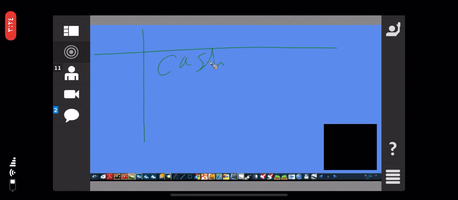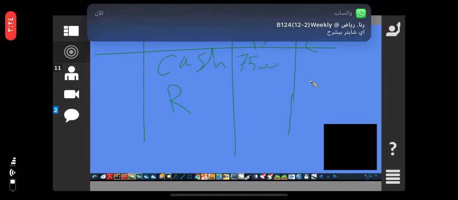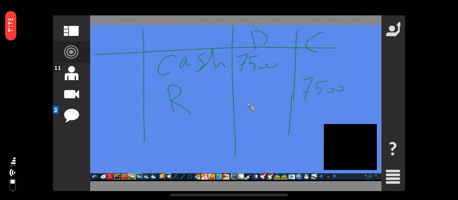So the journal will be cash, revenue. You can mention the name of the kind of revenue, for example consulting revenue, service revenue, rent revenue. You can write the name of the revenue. Okay, debit, credit: cash 7,500 and revenue 7,500.